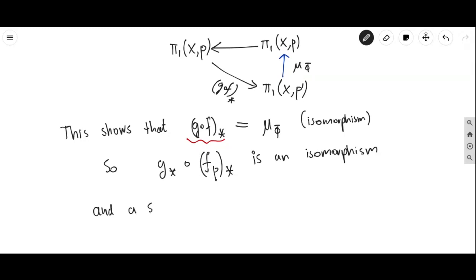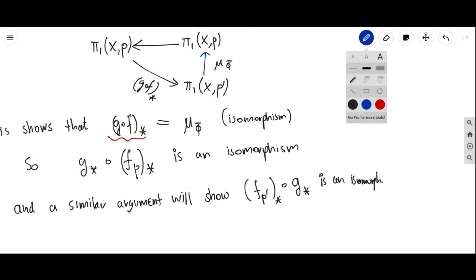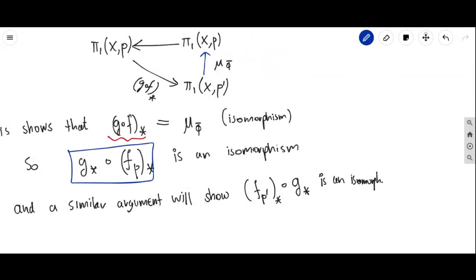And a similar argument will show, now you do it the other way around, that G star composed, but this time on the other side, with F P prime star, is an isomorphism. So this one is an isomorphism, and this one is an isomorphism.